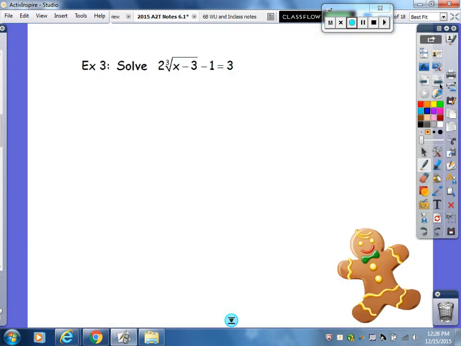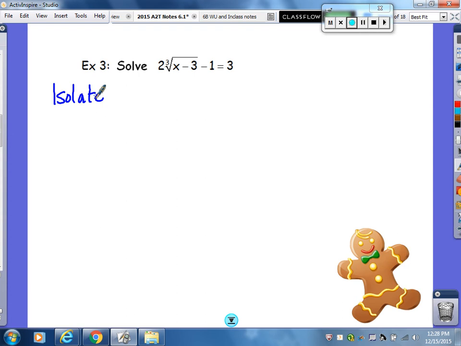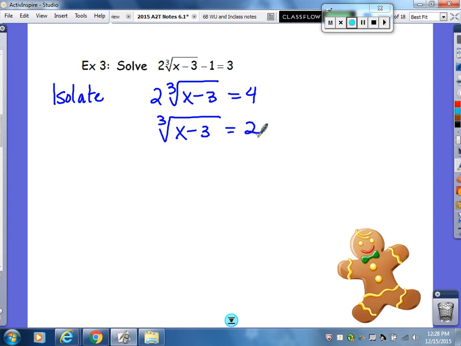All right, so step number 1, we're going to isolate. So we're going to start moving things away from that radical. We're going to add 1 first and get 4, and then divide by 2. You can't raise it to a power until you've got this thing isolated. Now raise it to the same power.